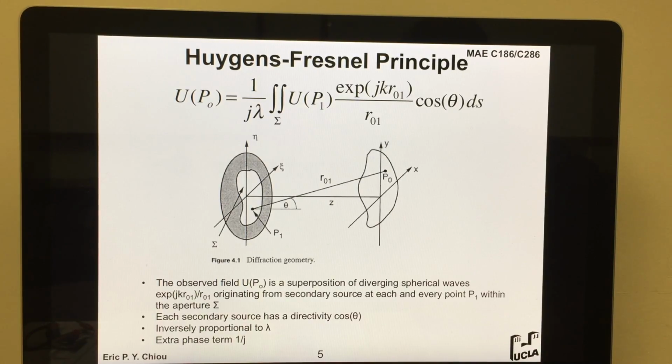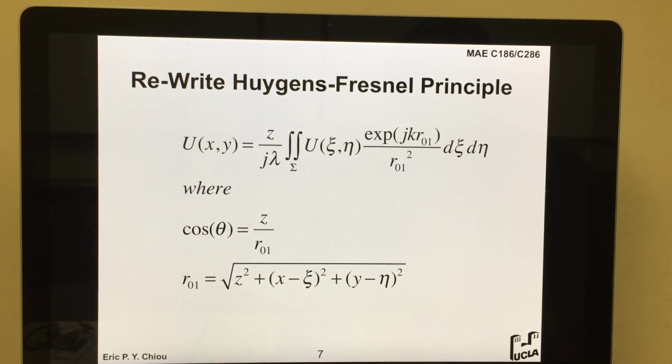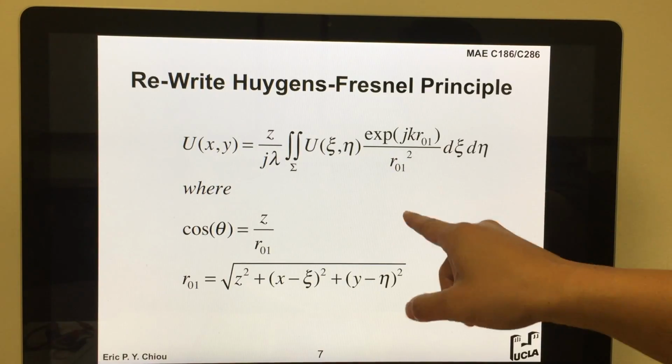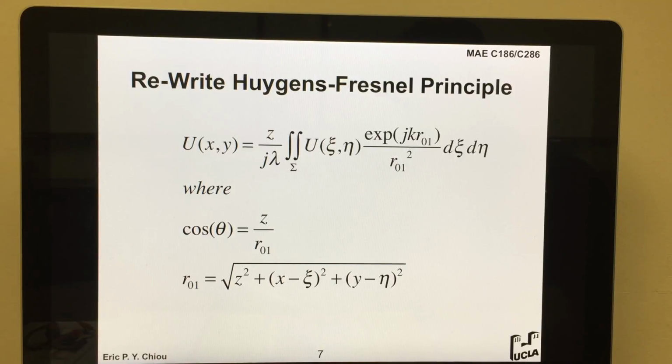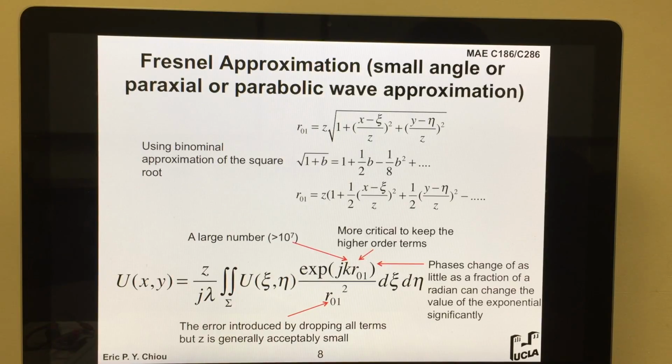The first approximation we did on Monday is based on this rewritten Huygens Fresnel principle, where you express R01, the distance between two points on the two planes, using the Cartesian coordinates x, y, and z. We call it the small angle approximation, or paraxial approximation, or you can call it the parabolic wave approximation.